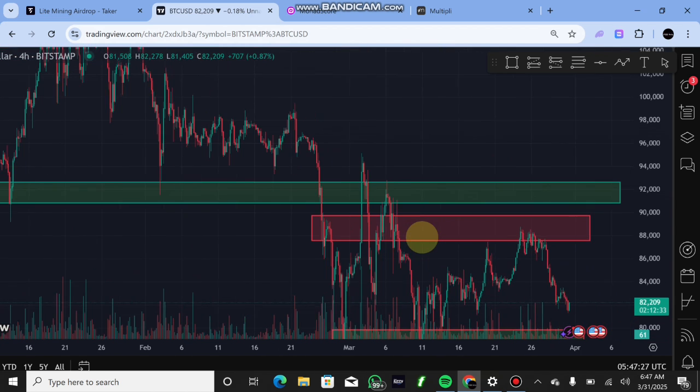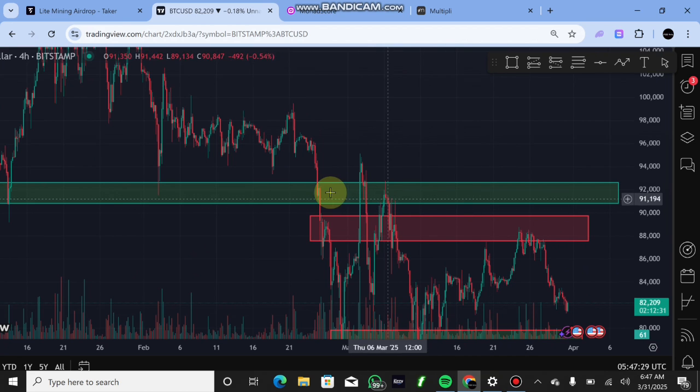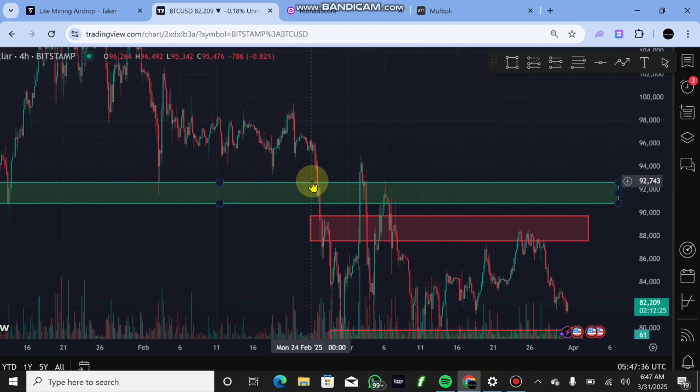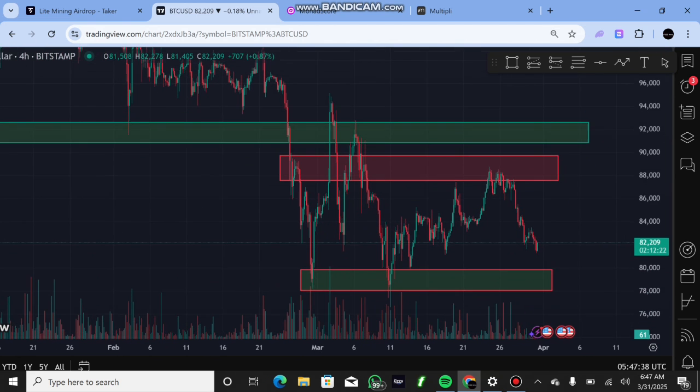And you can see on this particular place, this support has also acted as a resistance. When price broke this particular support, it went down, and it came back to test this level as resistance. The support had turned into resistance, and it was tested before price went down.